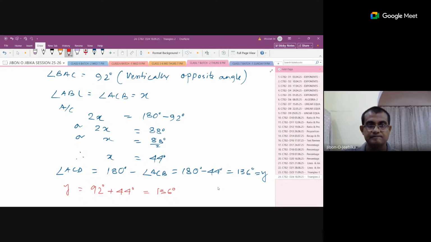Clear? So that is the answer. Everyone, is this clear? Or do you have some doubt? Rupam, Tanishi, Akanksha, and others? Yes, okay.